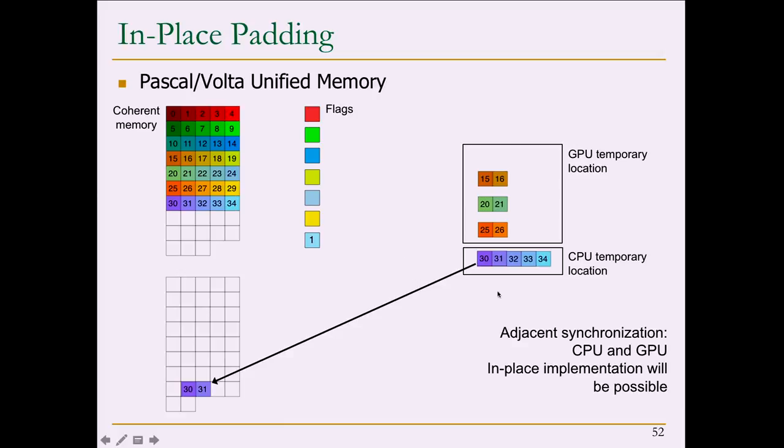So as soon as, in this case, the CPU has saved the row in the temporary location, we set the flag, and we can start writing to the final destination.